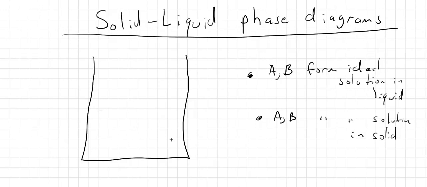An example of something that does this is a mixture of silver and gold. And if we do this, we get a phase diagram that's really, really simple.